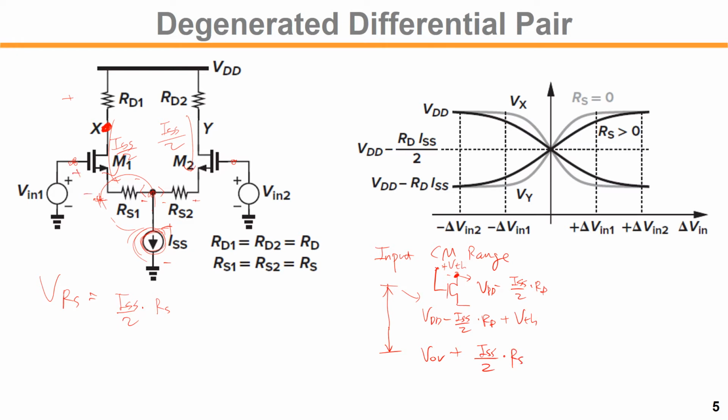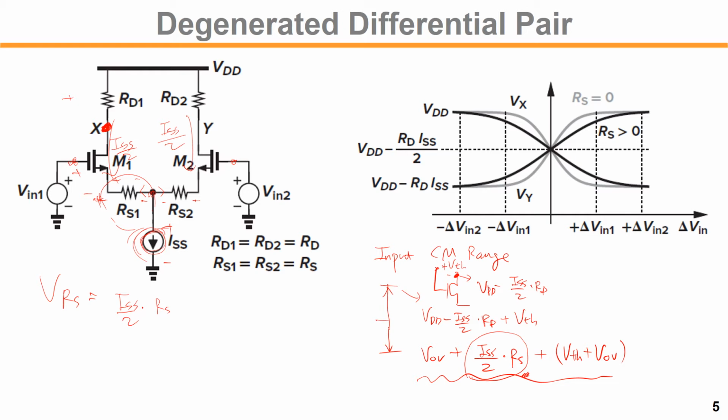And we have a VGS across the gate and source of M1, so that voltage would be VTH plus overdrive. This is the minimum common mode voltage for that input. As you can see, we have an additional term because of the RS. The input common mode range is limited, so the input common mode must be higher than before, right?